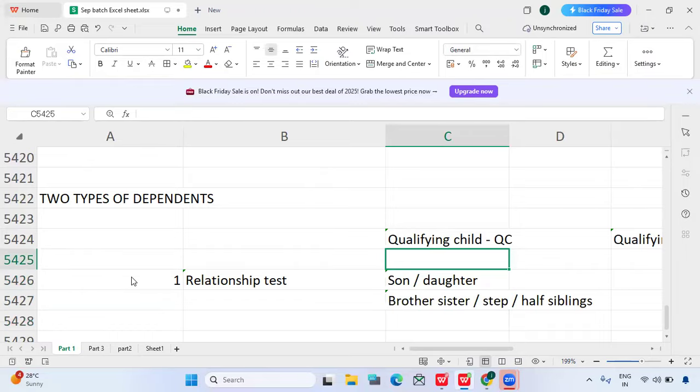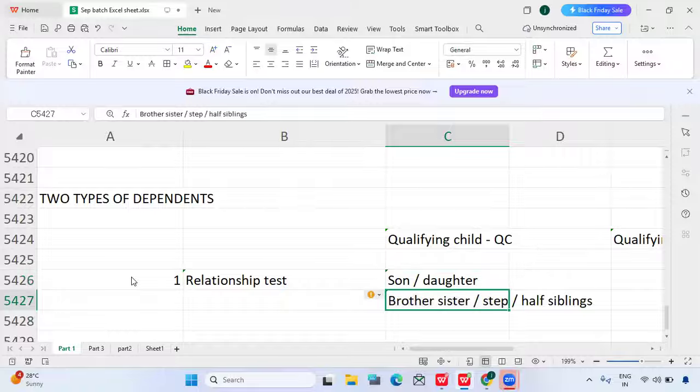And also a descendant of any of these. Descendant means son or daughter. I can say lineal descendant, which means people of the lower generations are also children only.